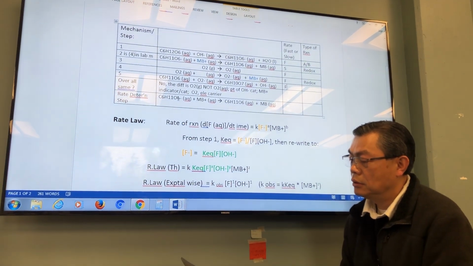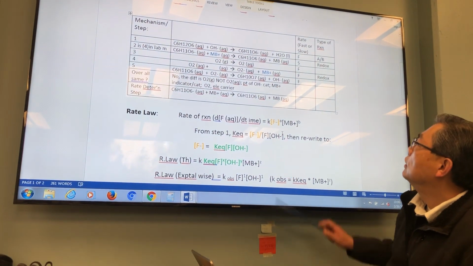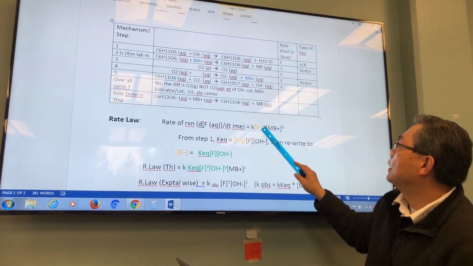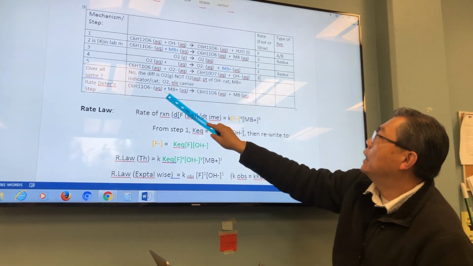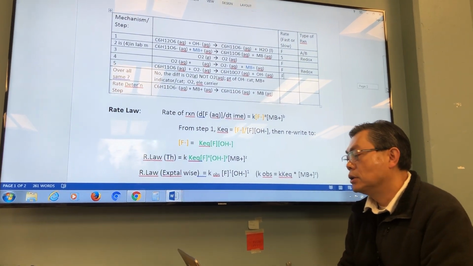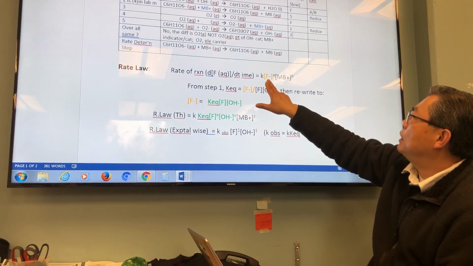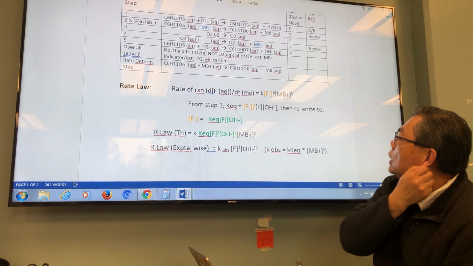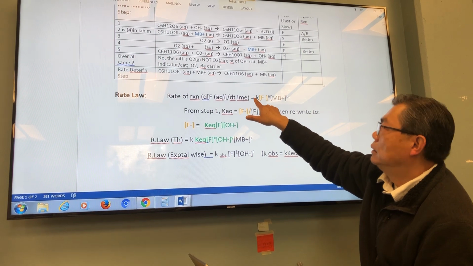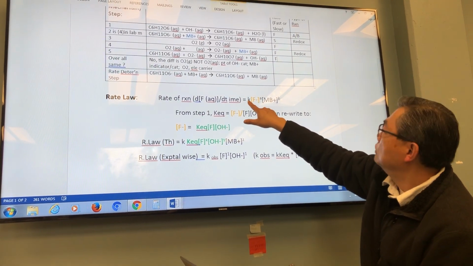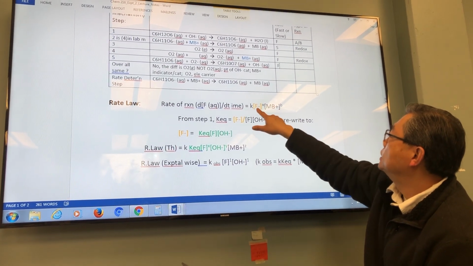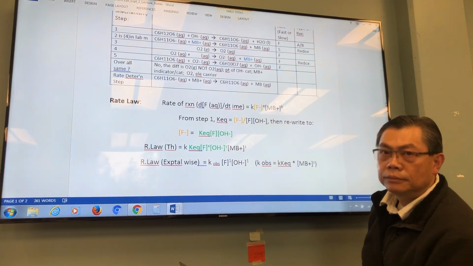So this is your photo anion, to a power of some reaction order, and then your methylene blue plus to another reaction order. So this would be very much like what we did in experiment 1. So change of photo over time always equals a rate constant times your reactants, however many reactants you have, each to some reaction order.